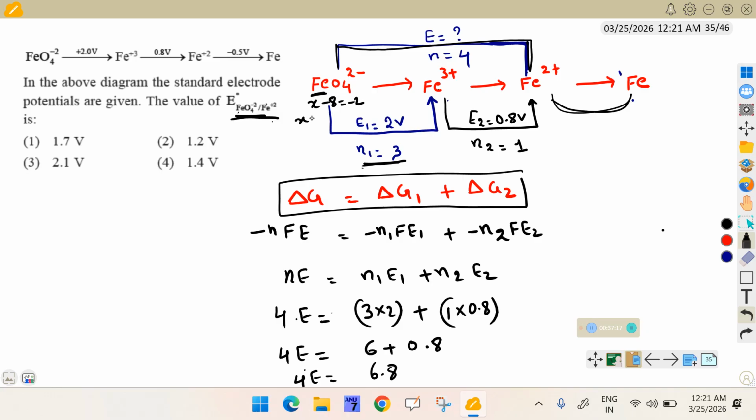X is equals to plus 6. Plus 6 to plus 3, difference is 3 electrons. Plus 3 to plus 2, difference is 1 electron. Plus 6 to plus 2, difference is 4 electrons. Substitute the values. Then E is equals to 6.8 by 4. You will get 1.7.